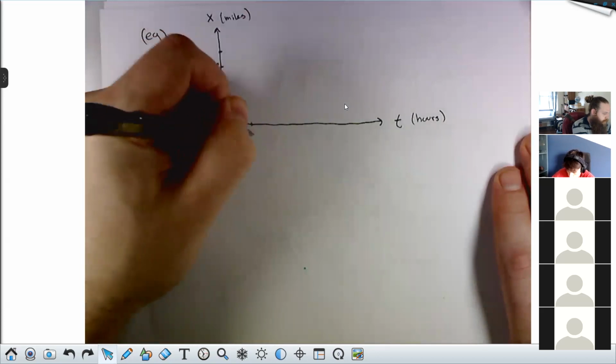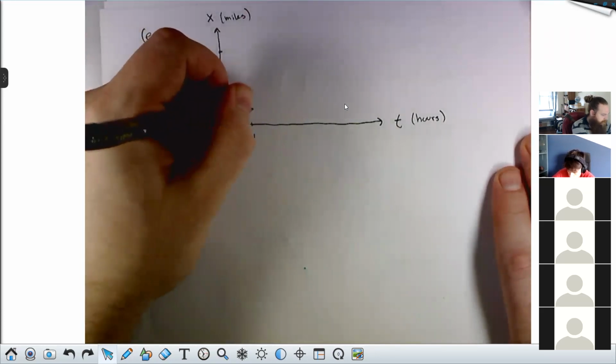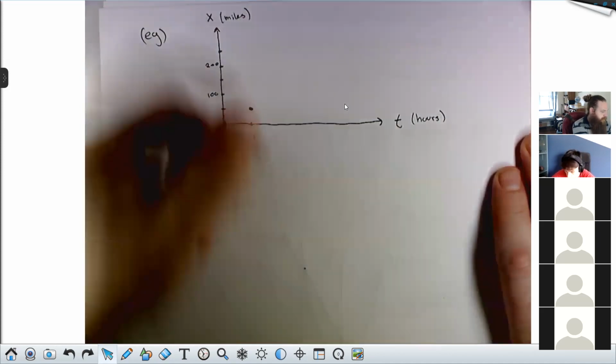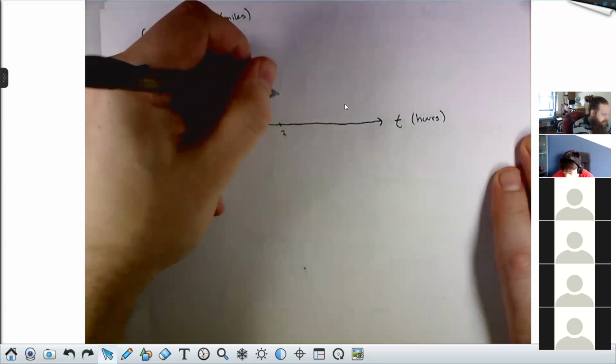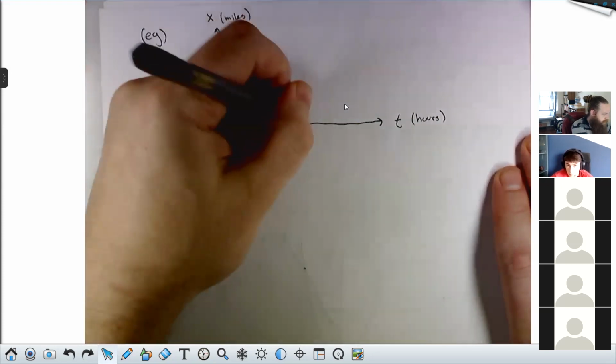After 1 hour, I'll have gone, say, 50 miles. After 2 hours, maybe I've gone 100 miles. After 3 hours, I don't know, but we'll say after 4 full hours, I've gone 200 miles.